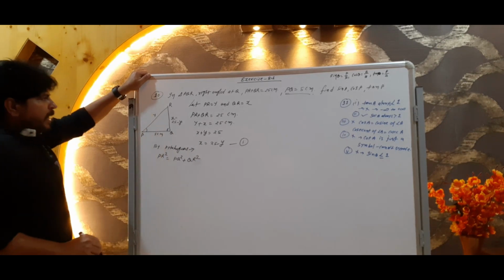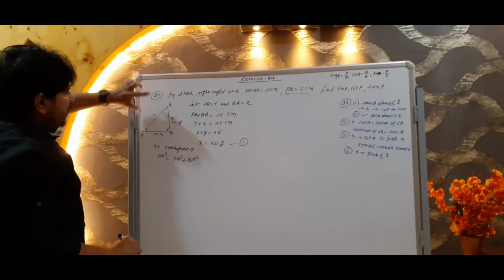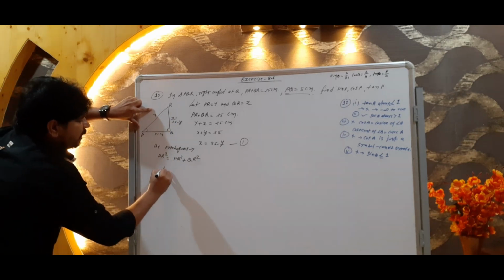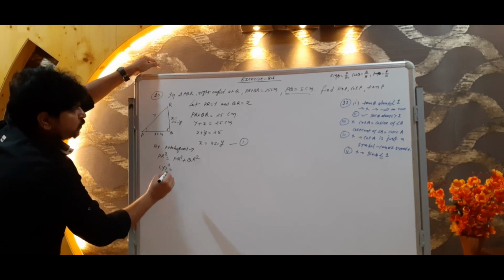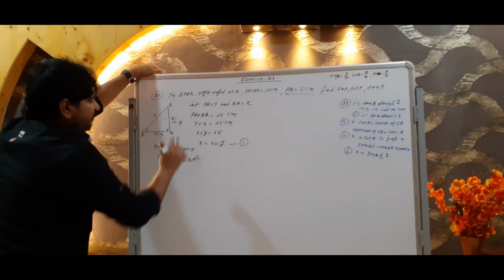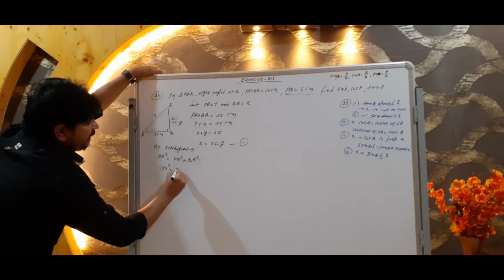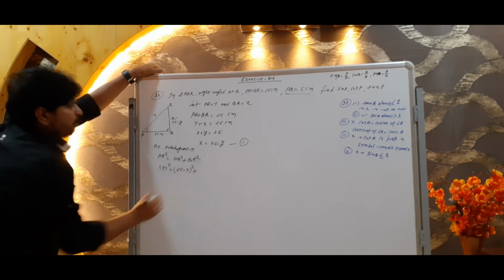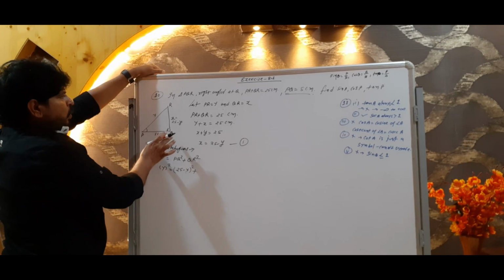Okay, right? Now PR, then what we can write the value of PR? We can write here Y square is equal to PQ square plus QR square.